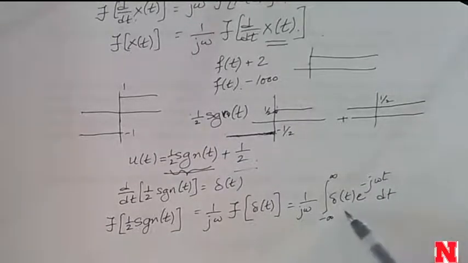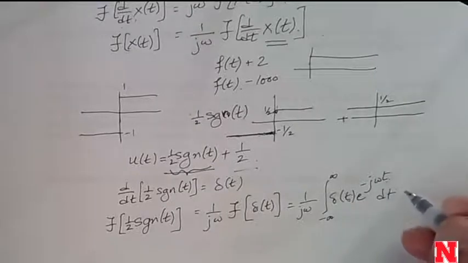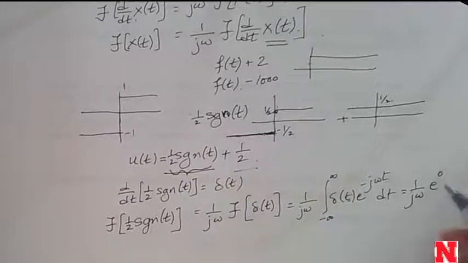And I use the shifting property of the delta function, which says that the result of this integral is: you take the variable of integration and you just replace it with whatever value makes this argument go to 0. In this case, t equals 0 makes this argument go to 0, so I plug that in here, and this is equal to then 1 over j omega e to the power 0, which is just equal to 1 over j omega. So the Fourier transform of a half signum of t is just 1 over j omega.